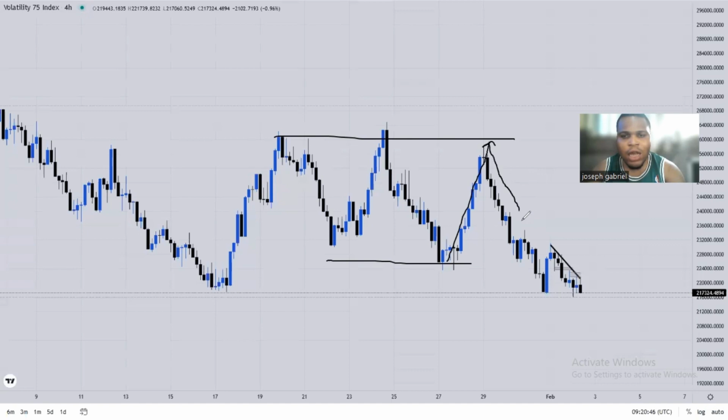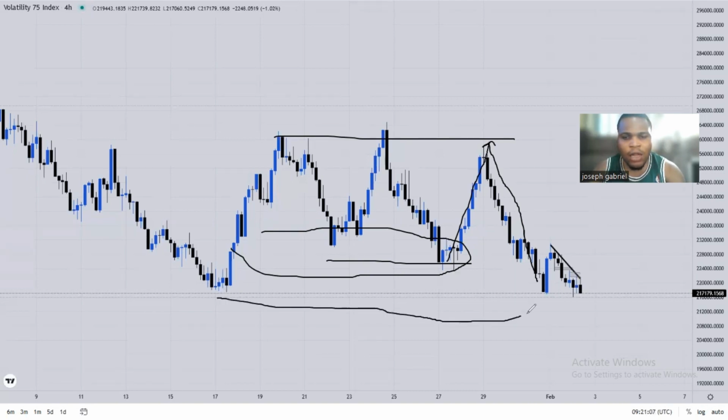After that, you can see how it broke this support here. Now the market got to this H4 order block, which has become a breaker block right now. So you can see we have this breaker block currently, this place here.